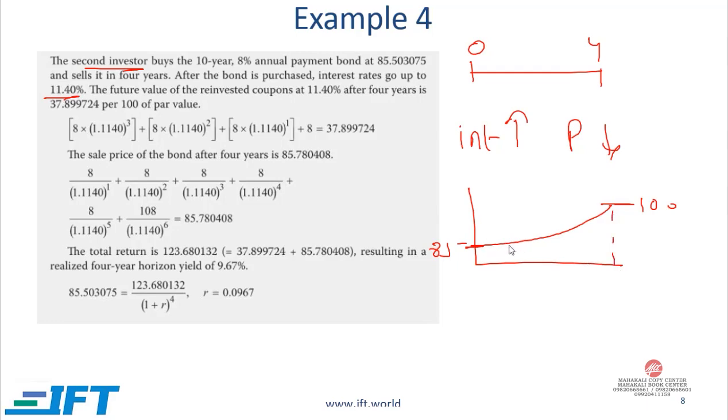But if the interest rate is up, then the selling price will actually be below the book value. So that is a loss. What about the reinvestment income? The reinvestment income is there, but it is not enough to compensate for this loss, and therefore the overall return is going to be less than 10.4%.